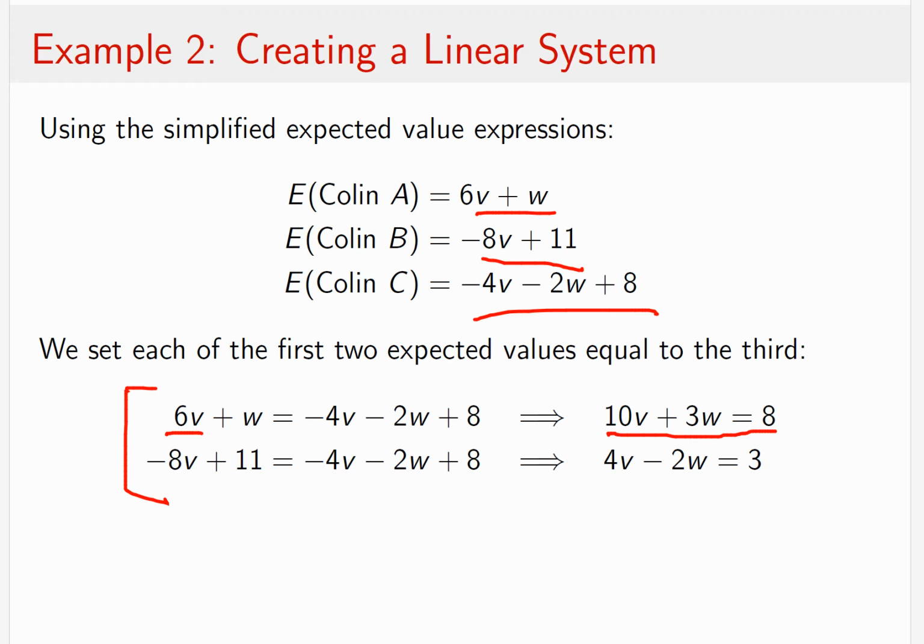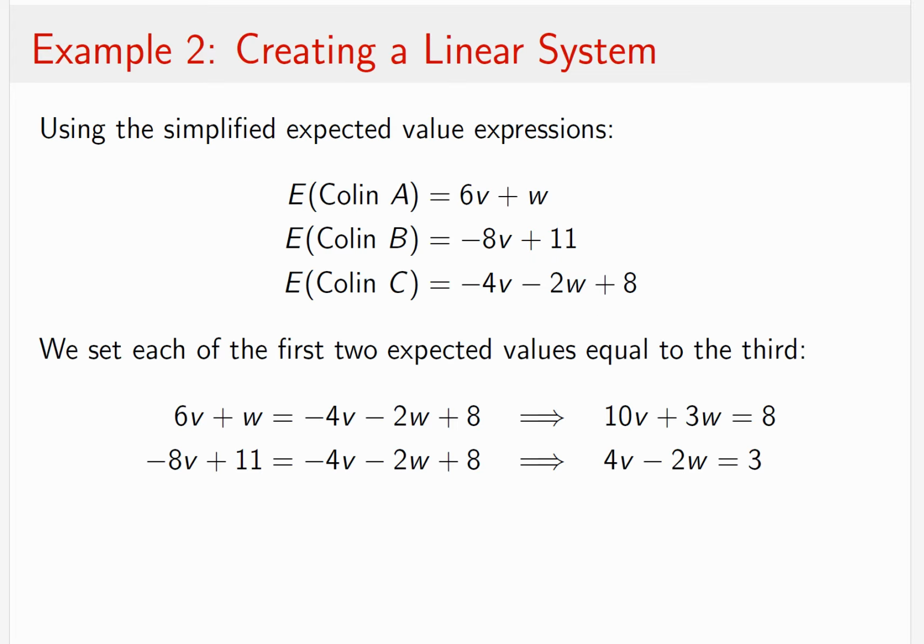So I have 6V minus 4V. Well, we're moving the 4V over to the other side, so we're adding 4V to both sides. So I end up with 10V. All right, I have a W, and I have to add 2W to both sides to move that to the left. So I end up with 3W. There isn't anything to do to the 8. It's already on the right-hand side, so I leave it alone. So my equation that I'm going to use is 10V plus 3W equals 8.